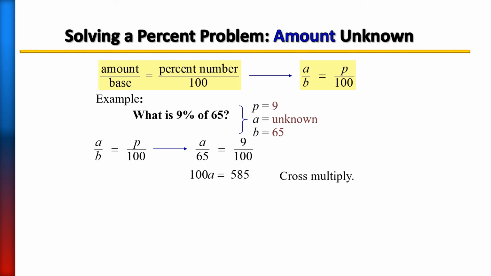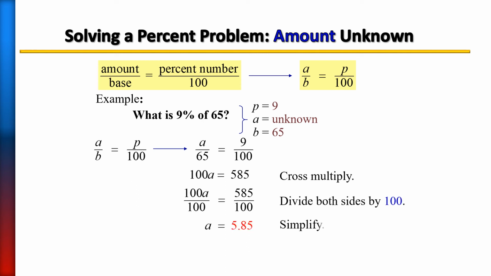Yes. So you have 100A on one side and 585 on the other. Last step to solving this equation is to do what? Yes, divide by 100. And A, the amount we were looking for, equals 5.85, which was the same answer we got when we used the translation method.